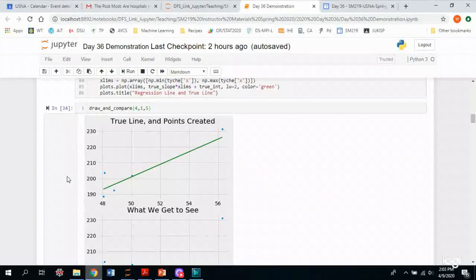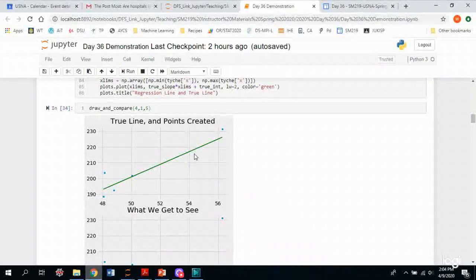What draw and compare is going to do is it's going to take a line, in this case with slope 4 and intercept 1, and it will create, in this case, 5 points off this line, which have just been randomly selected in terms of the x values, and then we take our y value equal to the value on our true line, and then we're going to push the points off by a certain randomly generated amount.